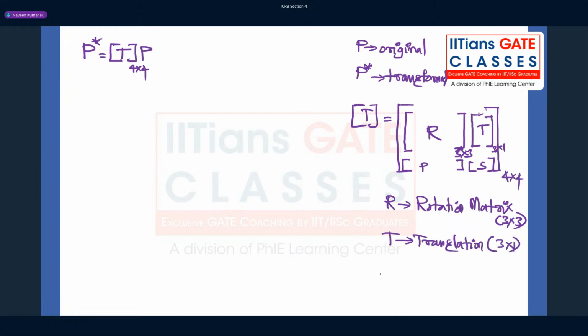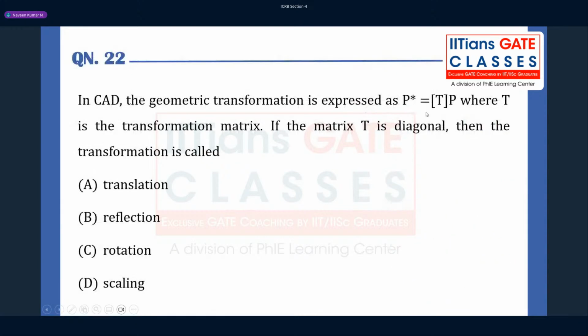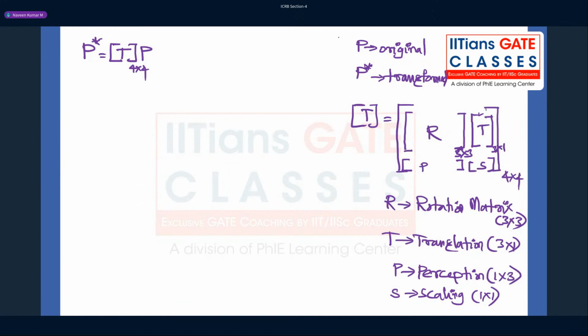P is perception, in which angle you're looking, this is 1 cross 3. And S is scaling, it is 1 cross 1. But here, what they're asking is a little different. We'll understand what this is, so forget about this notation.